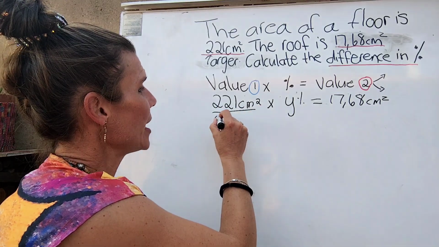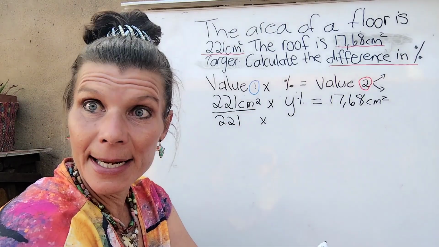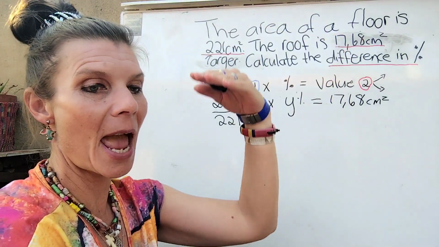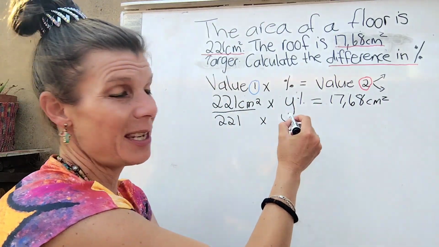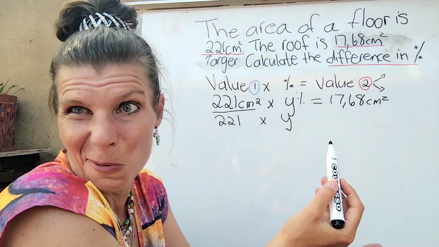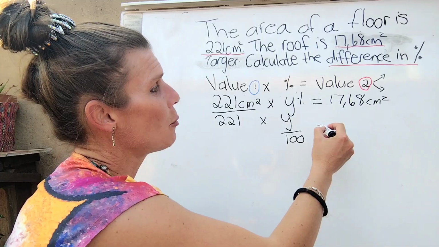Right. Now it's time to get things alone. I divide by 221. Percentage is always something out of 100. So it's going to be something, which is the Y. I want to know what? Y out of 100. Equals.